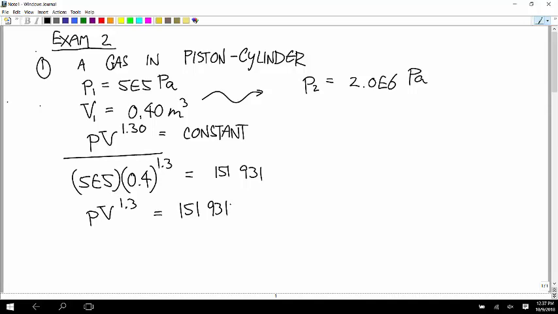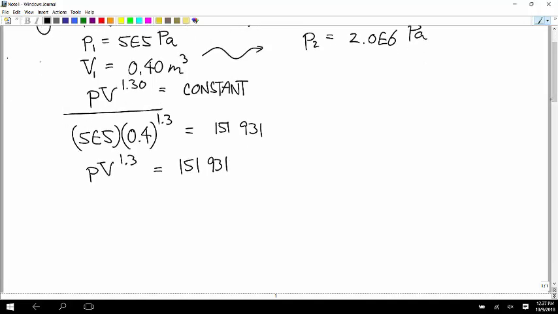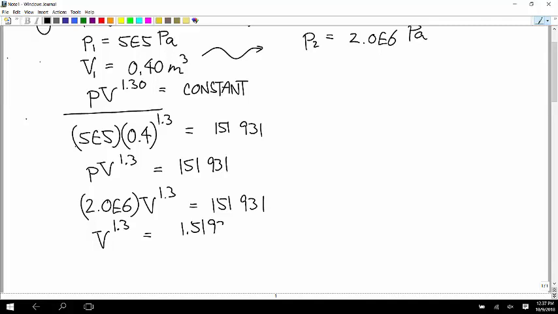And so we can use this to find the volume in state 2. So in state 2, we have 2 times 10 to the 6 times V to the 1.3 is equal to 151,931. So V to the 1.3 is equal to 1.51931 times 10 to the -1, I guess.